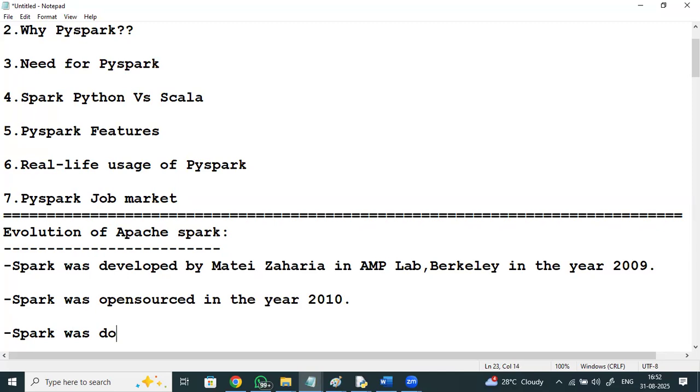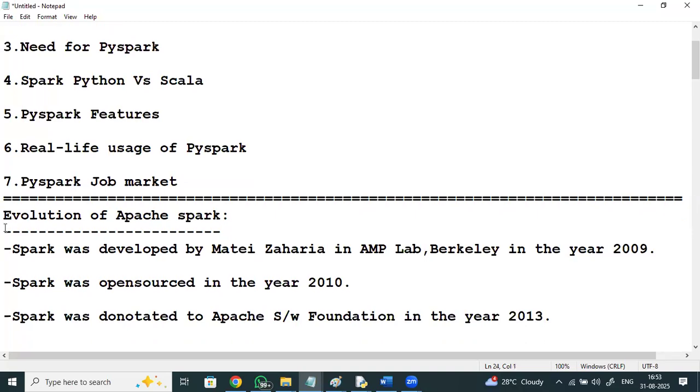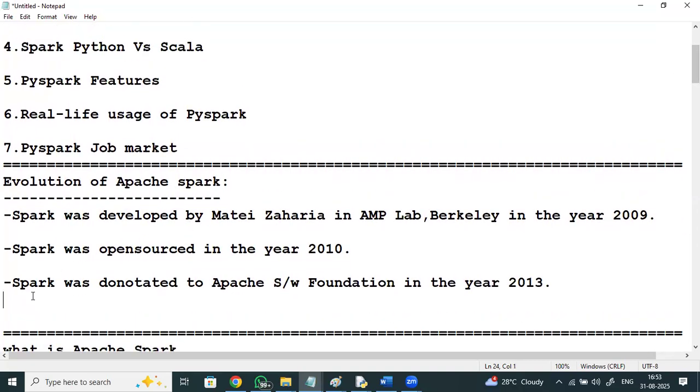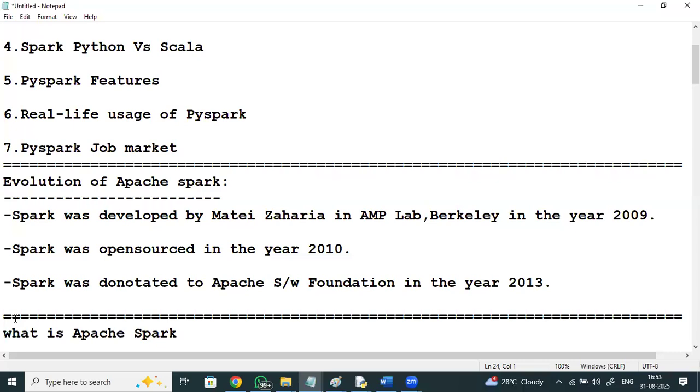Spark was donated to the Apache Software Foundation in the year 2013.